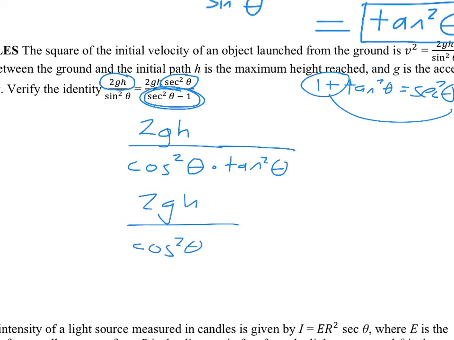Okay, and we know that tangent is the same as sine over cosine. So tangent squared is the same as sine squared theta over cosine squared theta. These cross out, and now we have exactly what we wanted.